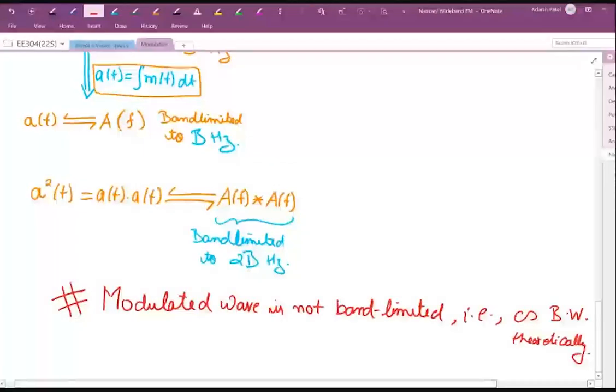Okay, it has got infinite bandwidth. But we cannot work with a signal which has got infinite bandwidth. There is no way in which we can work with a signal which has got infinite bandwidth.